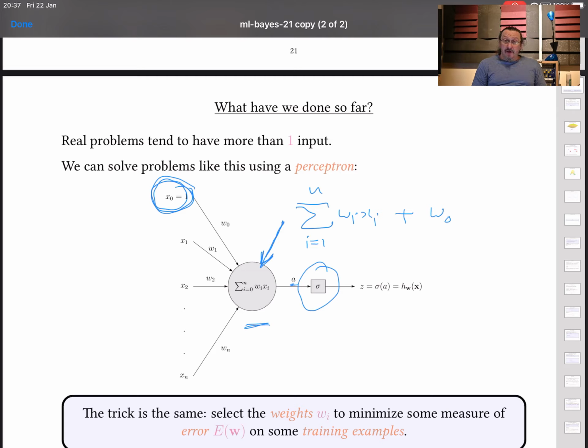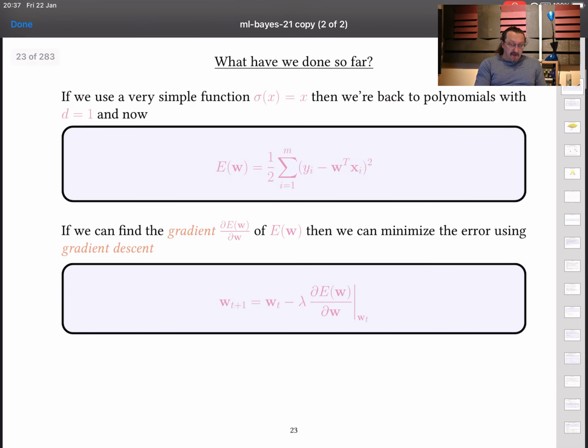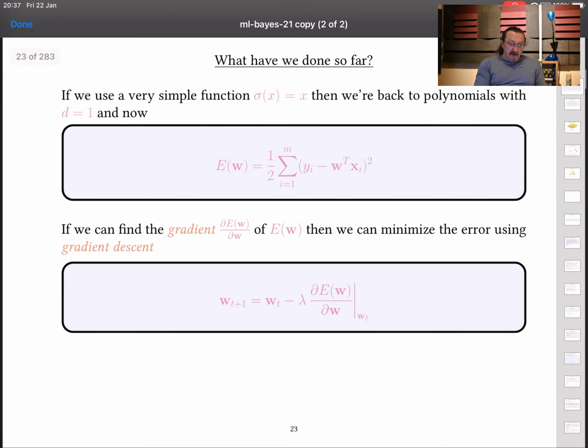If I do in fact do that, if I make sigma just the identity function, then my error, if I want to keep talking in terms of the sum of the squared errors, takes on this nice format here. That is because a weighted sum can be written as an inner product.